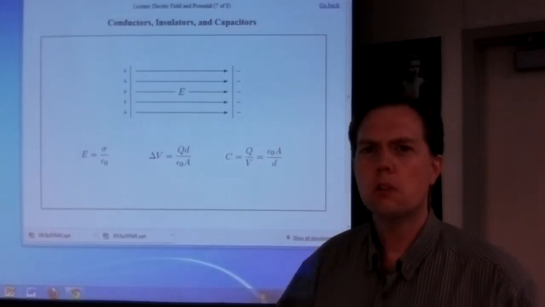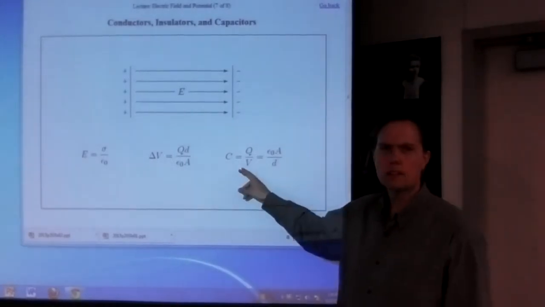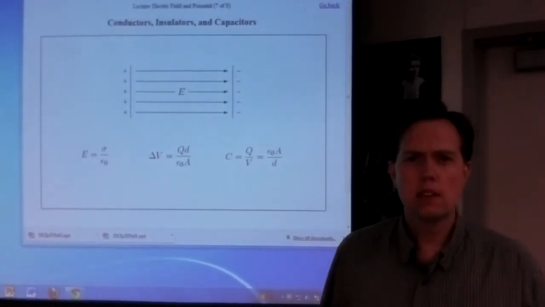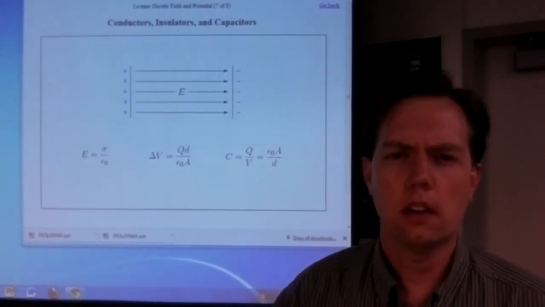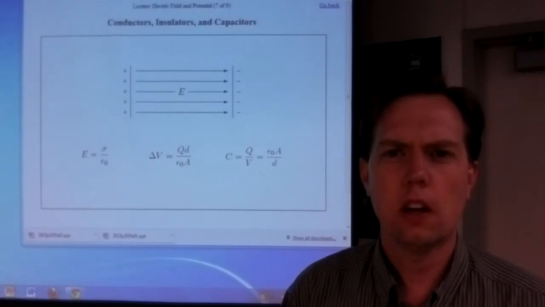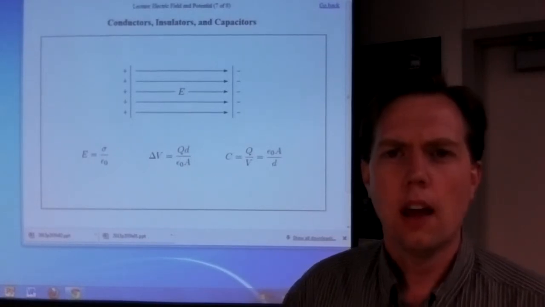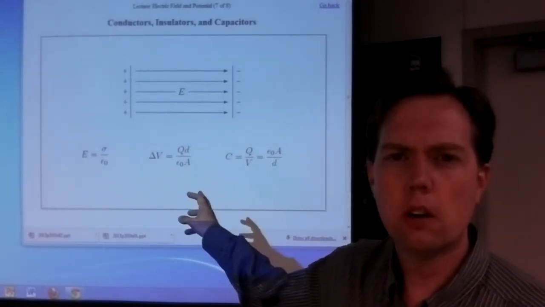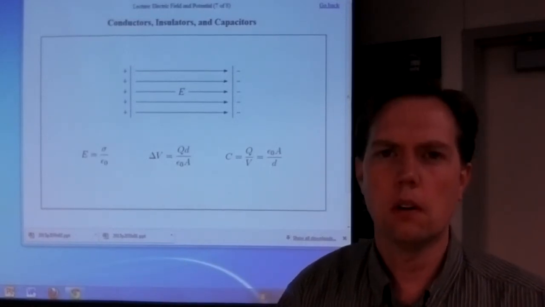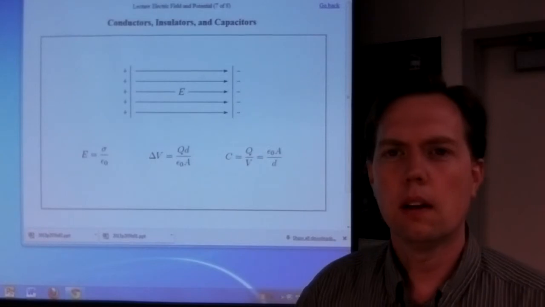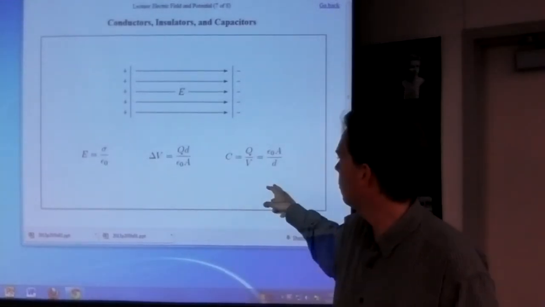And what we do is we represent its capacitance, basically the strength, the power. How good is this contraption at holding electric charge. We define it here by the ratio of the total amount of charge divided by the voltage that's required to maintain that. And this is the formula here for it.